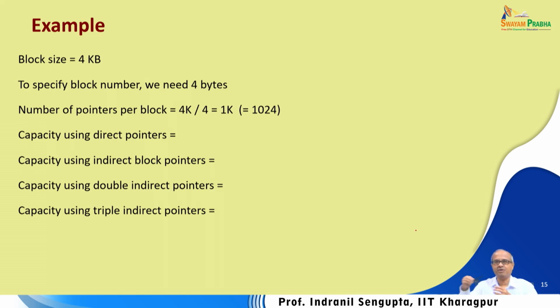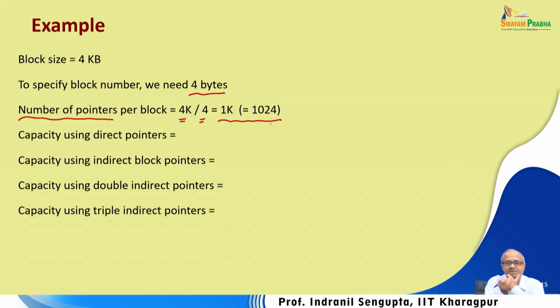Let us work out a small example. Suppose I have a block size of 4 kilobytes, and to specify the block number, let us say we need 4 bytes as in the example also. So, in a block of size 4 kilobytes, how many pointers can we store? The block size divided by the block address size. So, we can store 1k block pointers per block.